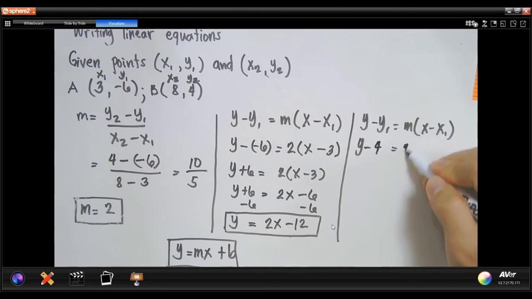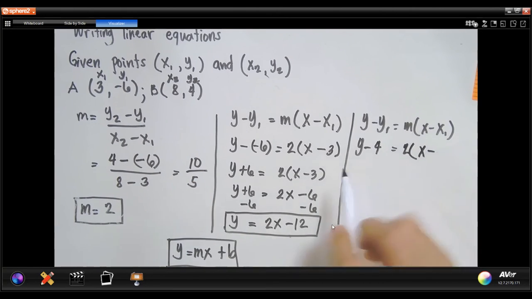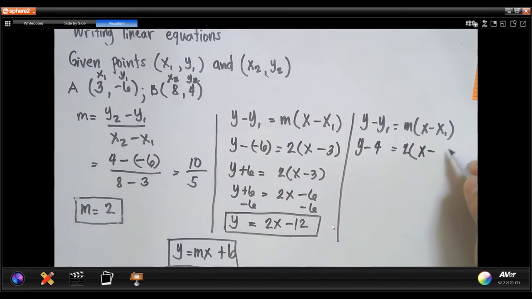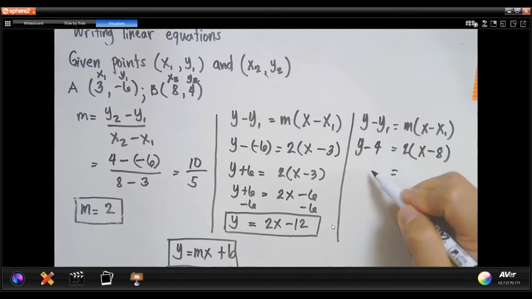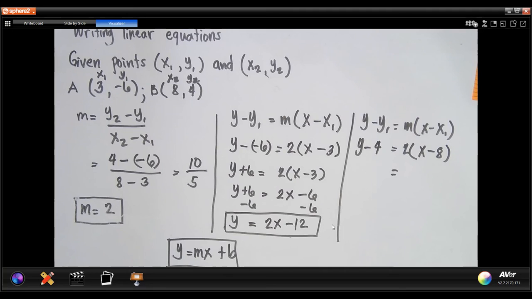My slope will be 2. My x1 now will be 8 minus 8. So you end here. Again, you end here if the problem is just asking you to write your answer in point slope form. So I'm assuming the problem requires me to express my answer in slope intercept form.